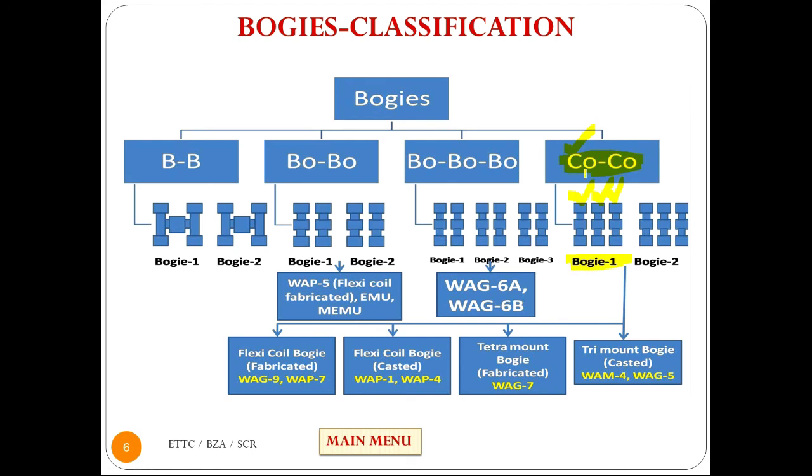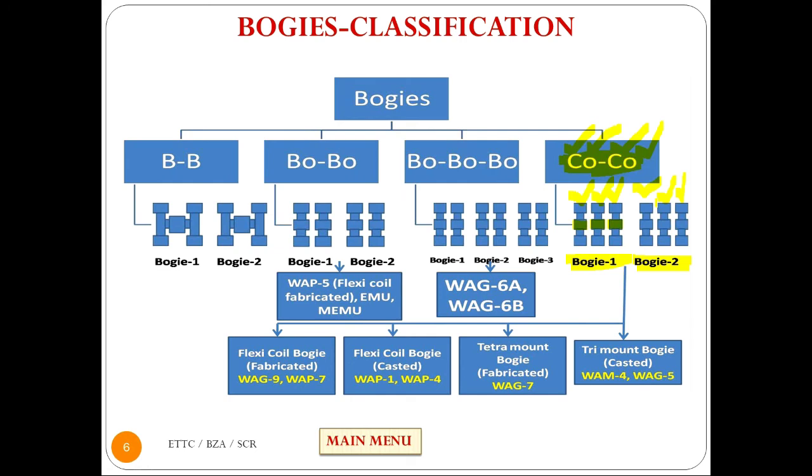It means each axle has one traction motor, each axle with an independent drive mechanism. Similarly, in the loco another CO is available. In bogie 2, three axles are provided, and each axle is independently driven.